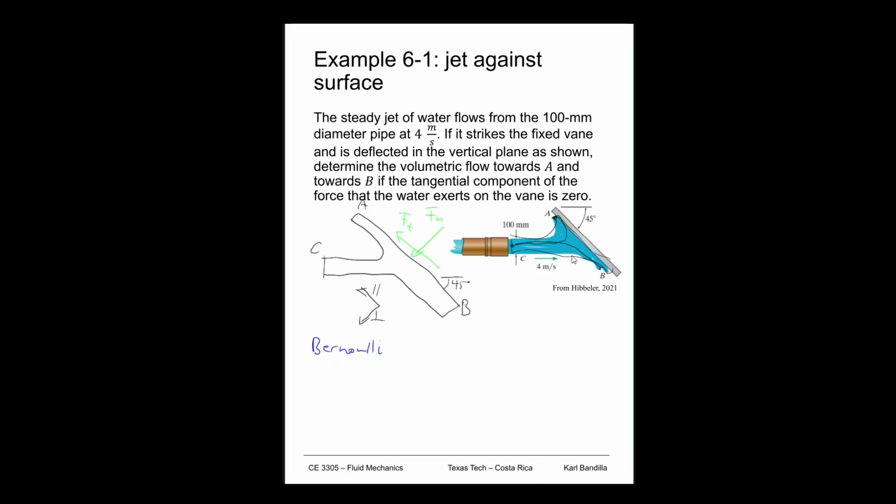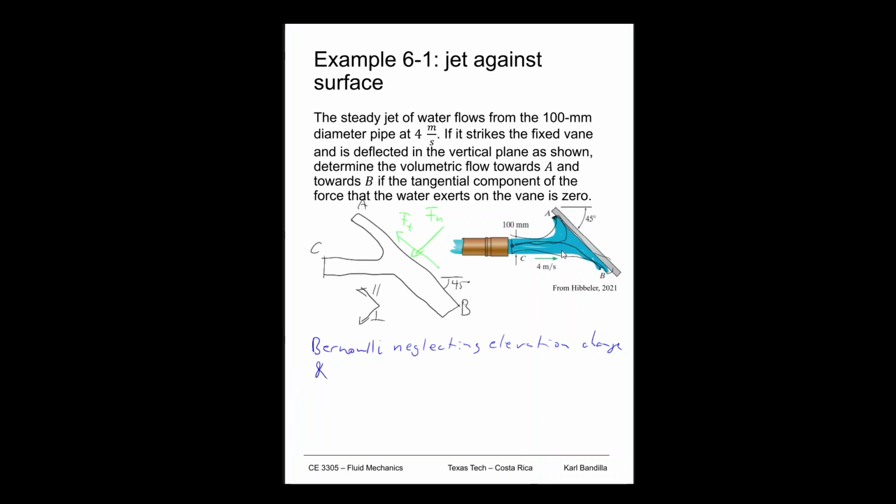We're going to say, well, the elevations between where A and B and C are going to be very similar. So we say Bernoulli, neglecting elevation change. That basically means that ZA is equal to ZB is equal to ZC.